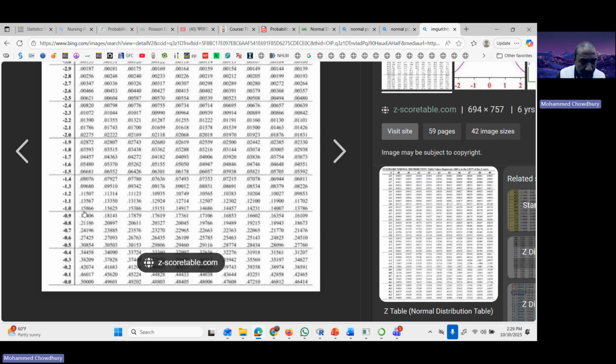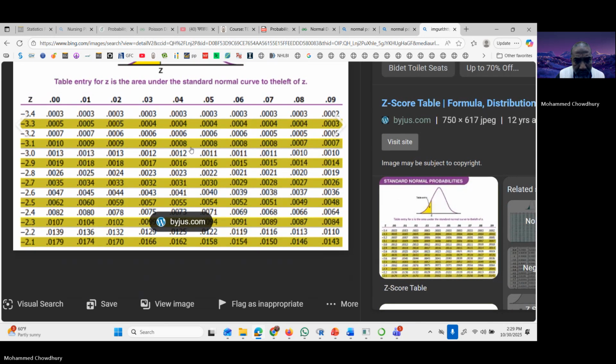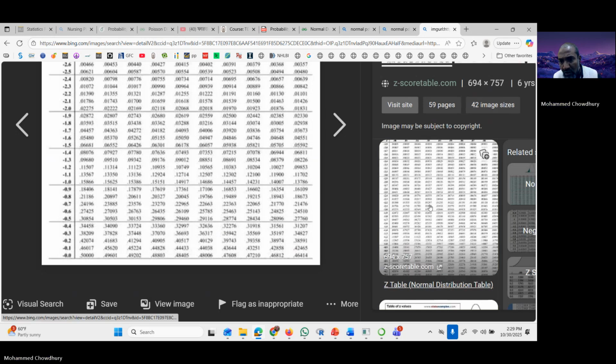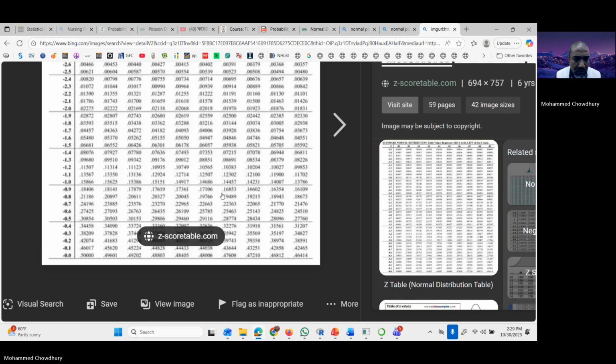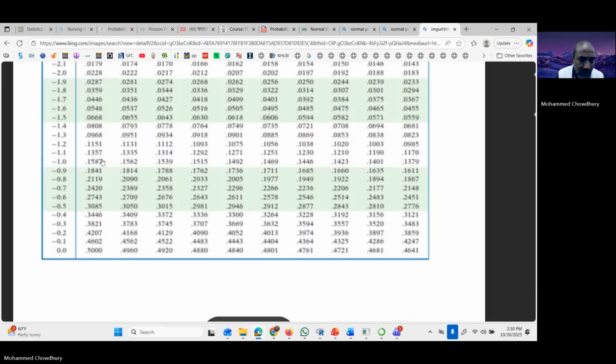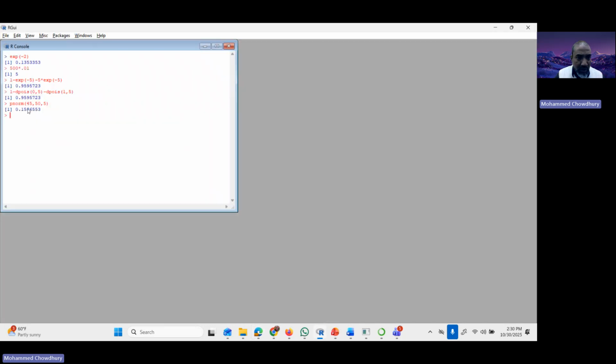Negative 1 equal to 0.1586. Did you see that? 0.1586, okay? This is the 0.1586. So negative 1 here. Are you seeing 0.1586, right? So you have seen that 0.1586.